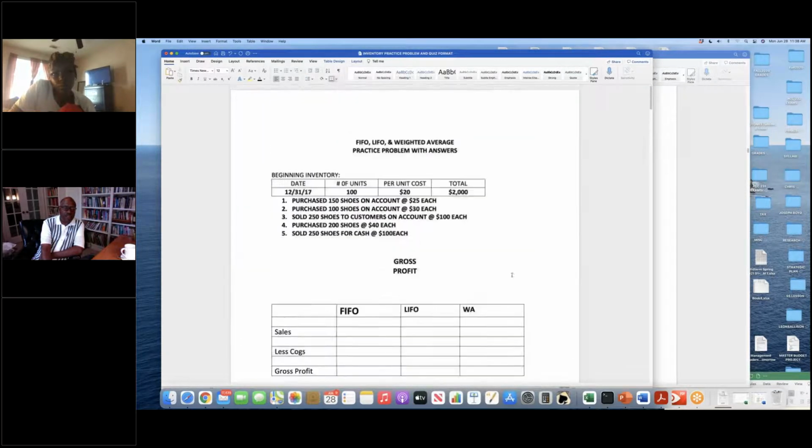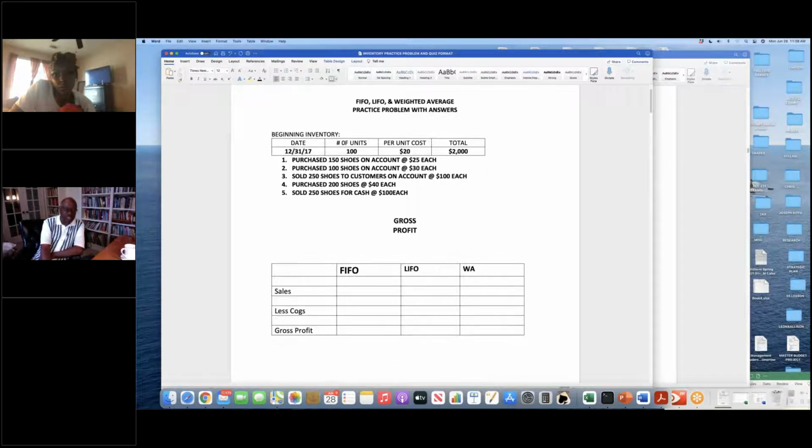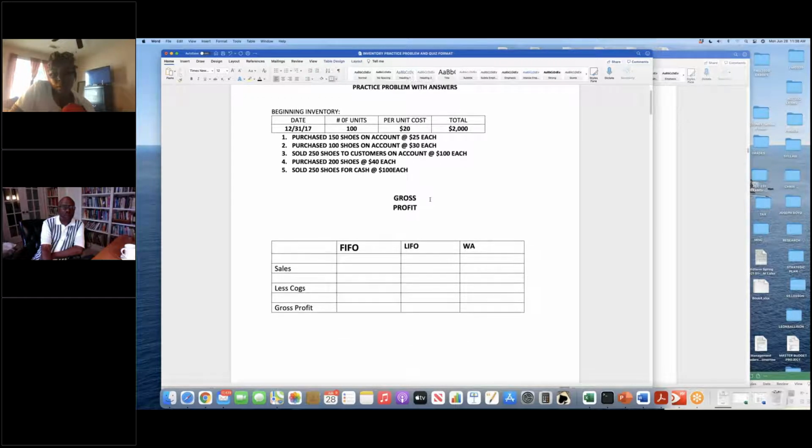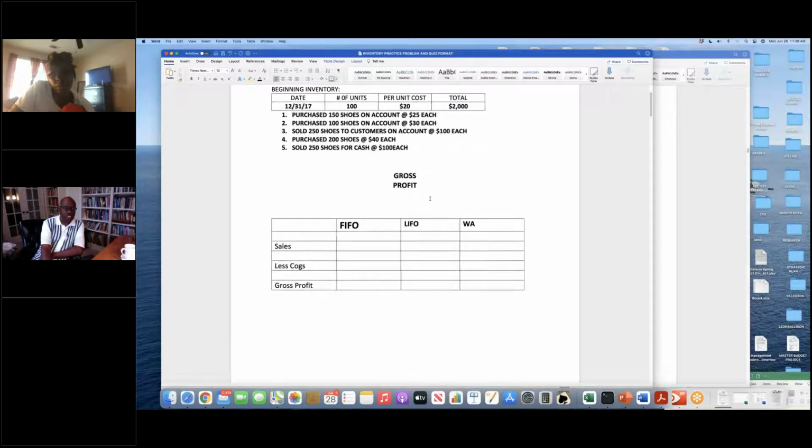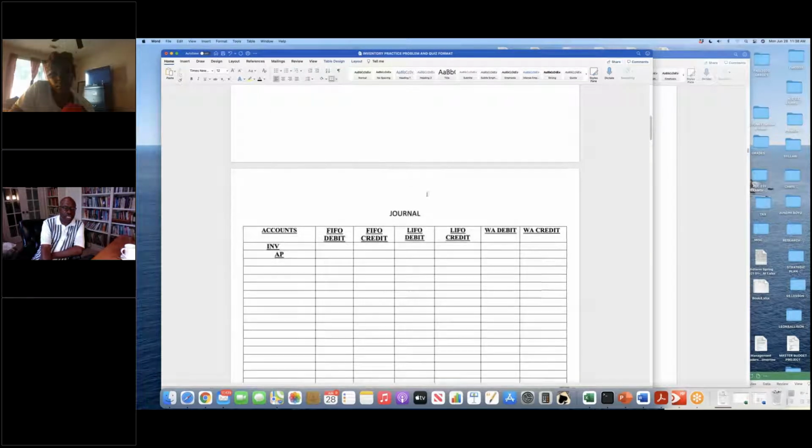Then let's look at our first transaction. We purchased 150 pairs of shoes for $25 each. And remember, our goal is eventually to determine our gross profit. So we purchased 150 pairs of shoes at $25 each. What's our cost going to be on that? $37.50. Yes, I'll take your word for it.